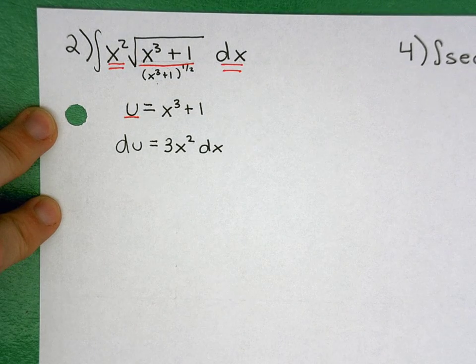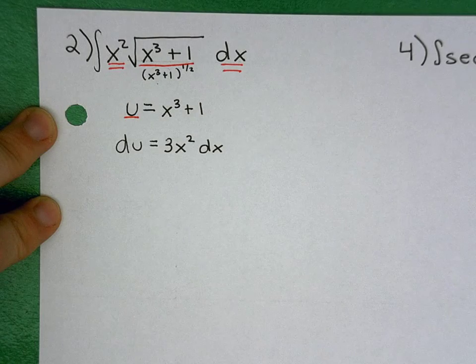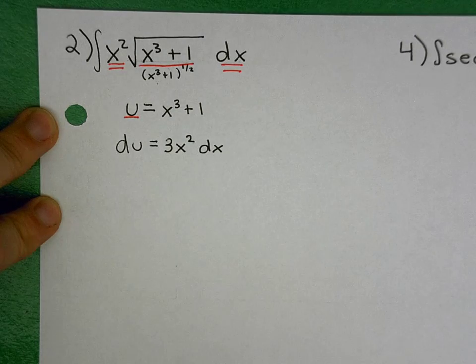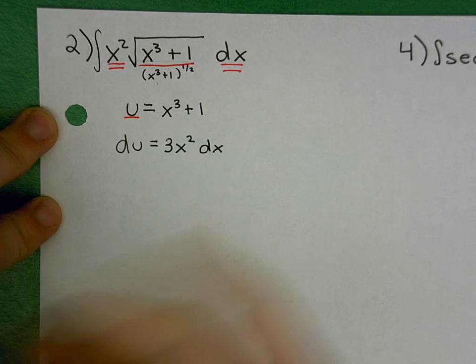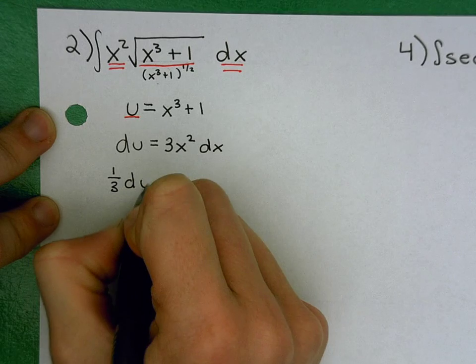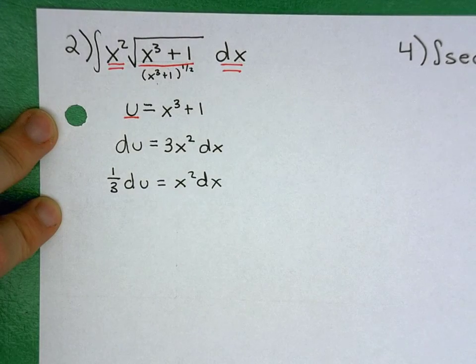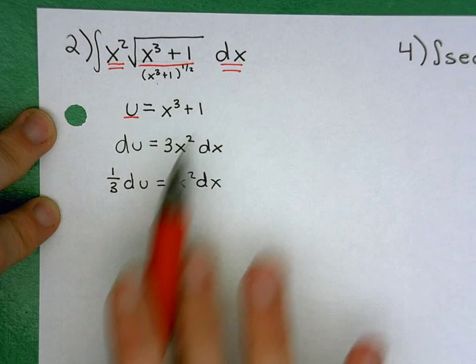Coefficients aren't anything to sweat about. If I have a coefficient in my du that's not in my problem, I can divide it away. Or if I have a coefficient in my problem that's not in my du, I could multiply it in. You can manipulate your coefficients. Just make sure you don't manipulate your variables. So this 1/3, I'm allowed to divide over, thus getting my x squared dx.